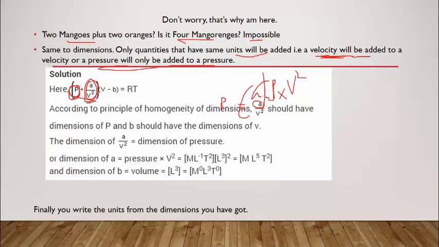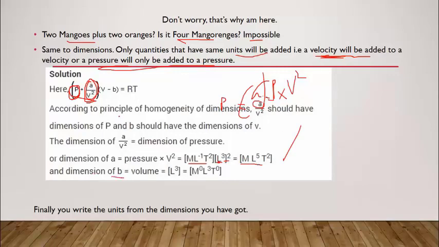So the dimensions of A are the dimensions of P divided by the dimensions of V squared. We know the dimensions of pressure are these here. For the dimensions of volume, we know the dimensions of volume are meters cubed, so we have L cubed, and we square them, and we get the dimensions of V squared as you can see there. Finally we have the dimensions of A, simply like that.